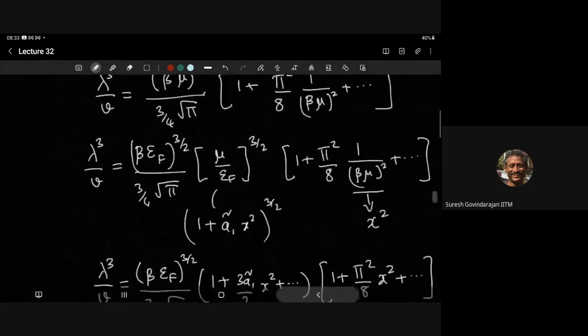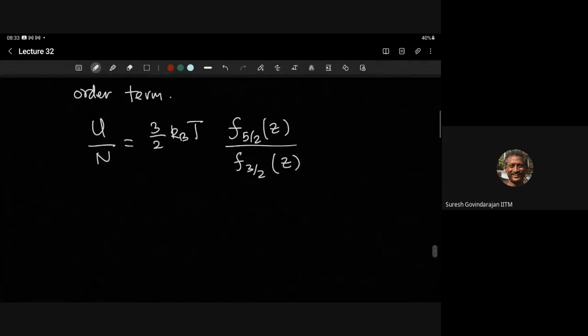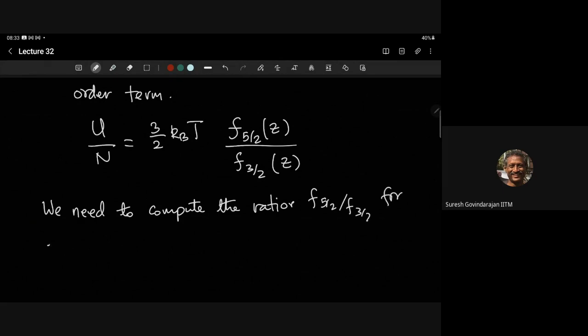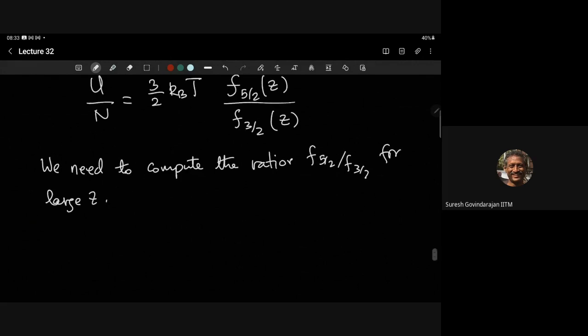So what really we need to expand, if you wish, is to compute the ratio for large Z. We already have an expression for f 3 half. So I'll write another expression for f5 half, and then we will derive some general formula which will agree with this. Okay, so we'll finish our computation.